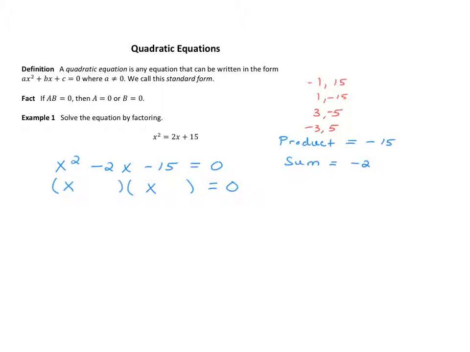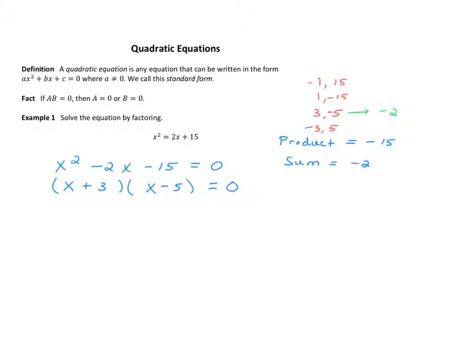So amongst those, there has to be one where when I add the two numbers together, it takes me to negative 2. And that is right here. If I sum these two together, I get negative 2. So what this tells me is I'm going to put positive 3 here and negative 5 here.